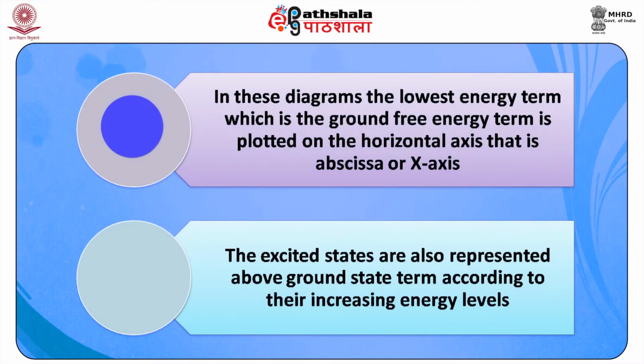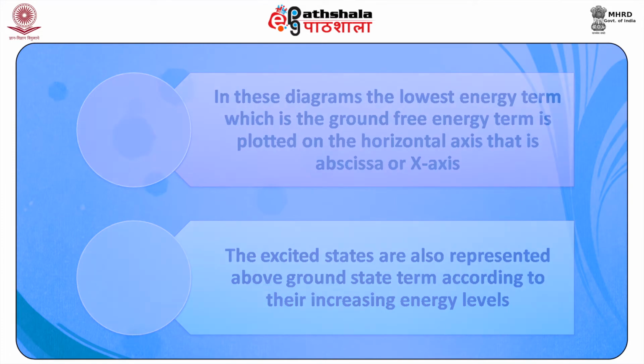The features can be given as: in these diagrams, the lowest energy term, which is the ground free ion term, is plotted on the horizontal axis, that is the abscissa or the x-axis. The excited states are also represented above the ground state term according to their increasing energy levels.